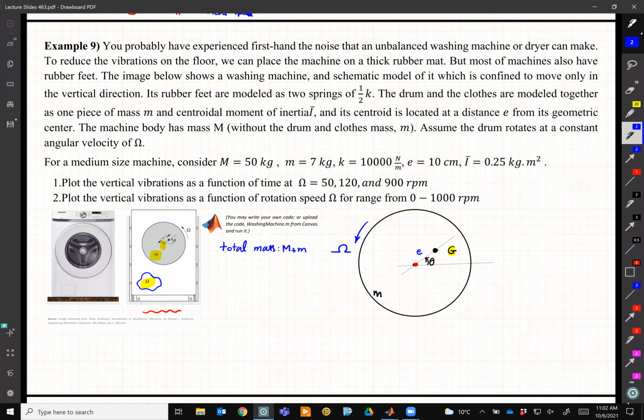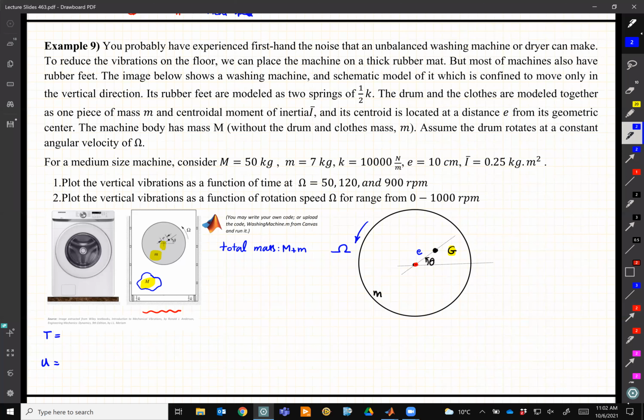Okay, so let's use the Lagrange method for this one. I guess we have used Euler or Newton enough. Let's just use Lagrange as a practice. So for Lagrange, we need two things. We need T and we need U. U is the potential energy.